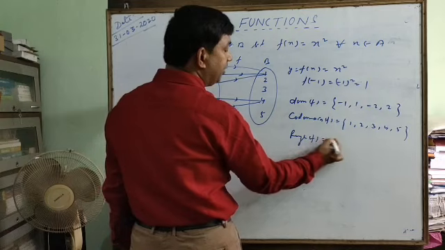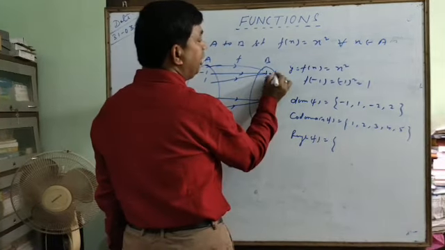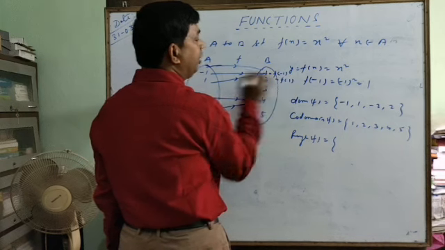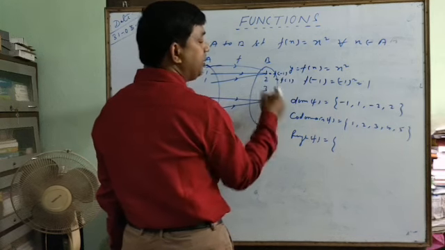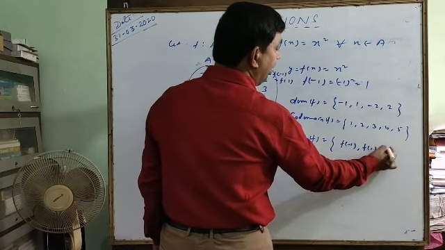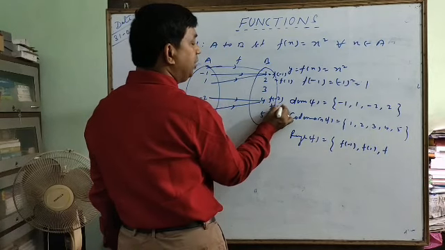And then what about range? Range of f is the images. F of 1 or f of -1, both have the same answer. So the collection of images like f of -1, f of 1, f of -2 and f of 2, both are same.